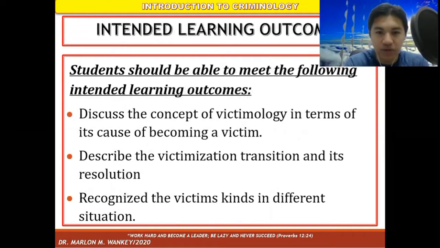Also, the students will have to discuss the concept of victimology in terms of its cause of becoming a victim, describe the victimization transition in its resolution, and recognize the victim's kinds in different situations.